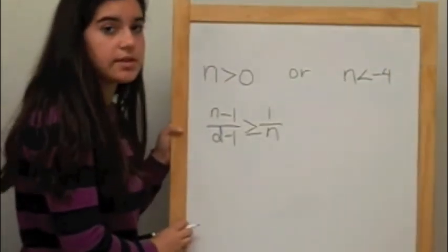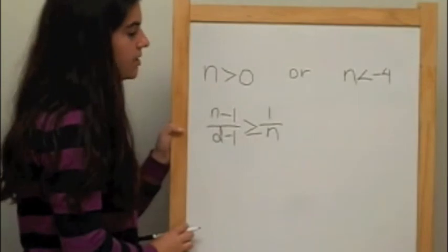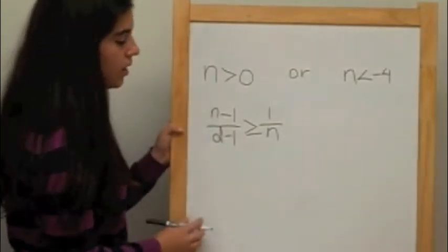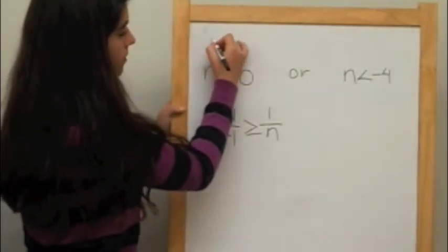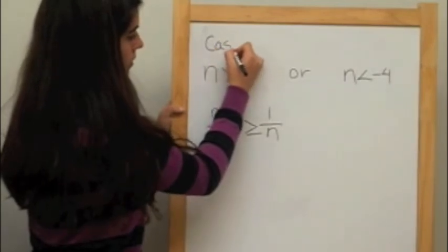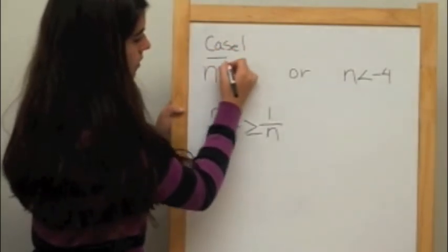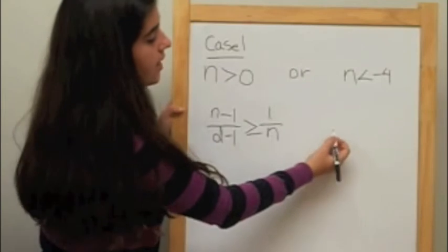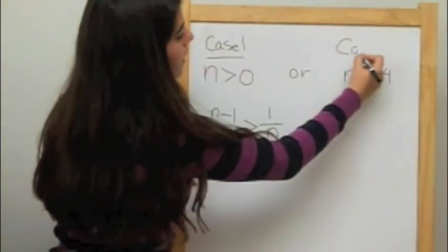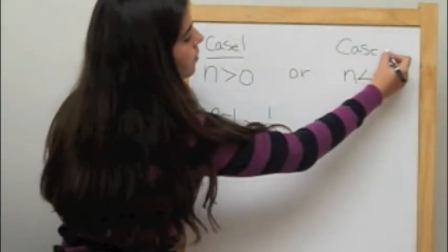We can use these solutions from the first inequality as cases to solve the second inequality. n is greater than 0 being our case 1, and n is less than negative 4 being our case number 2.